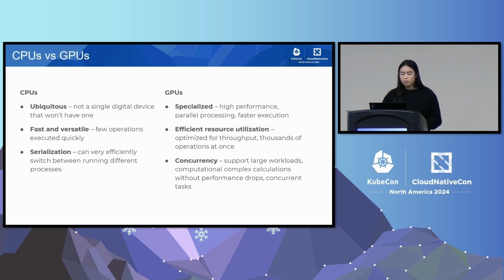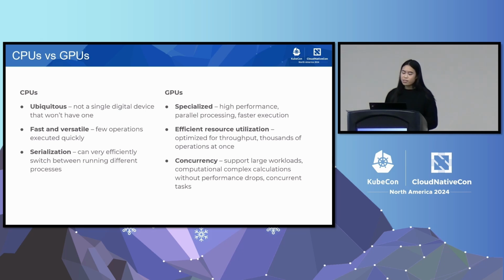So let's dig into GPUs more. How are they different from CPUs? Fundamentally, they are doing different things because of how they're architected and built. CPUs are ubiquitous. There isn't a single digital device that doesn't have them. CPUs are more general purpose too. They're fast and versatile, so they can handle really complex processes with varied instructions, versus GPUs, which are much more specialized.